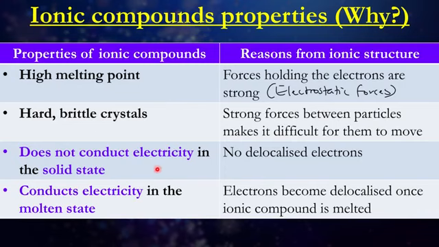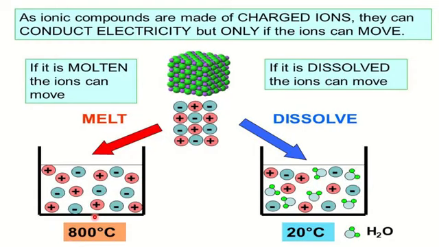So there you have that. Think about it this way. Now, salt is an example of an ionic compound. If you dissolve the salt into water, that frees up the positive and negative ions in the solution.